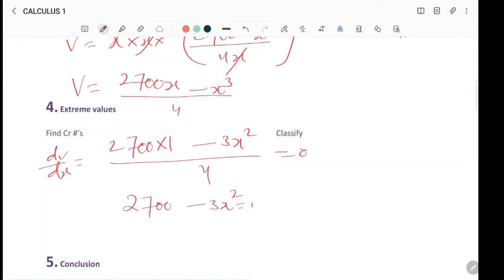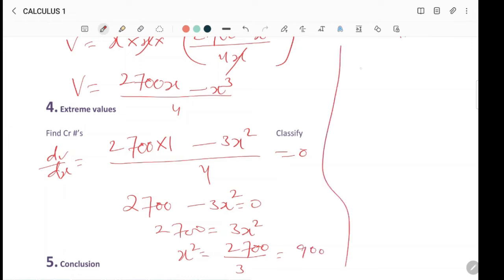So 2700 minus 3x square is 0, 2700 equals 3x square. 2700 over 3 is 900 actually. So x equals plus minus 30, but x is the side, so x should be positive only.